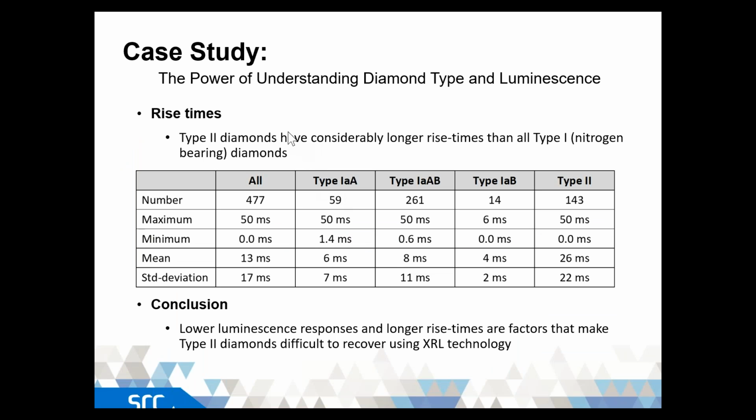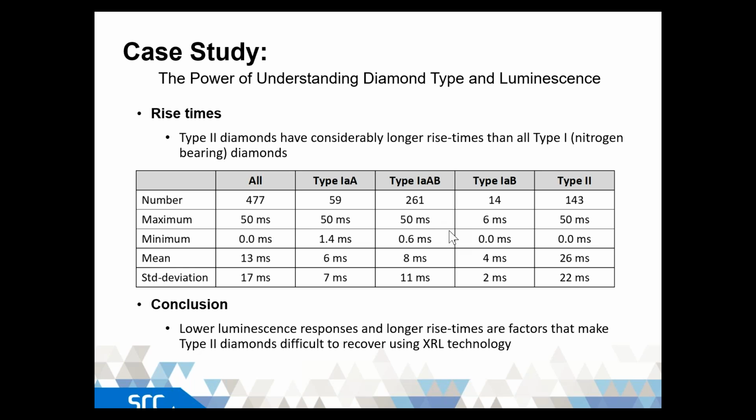Now we look at this in contrast to the rise times that we have with the type 2 stones. They have considerably longer rise times than the type 1, the nitrogen bearing diamonds. So you can see the total number of stones, the maximum response times, the minimum response times.